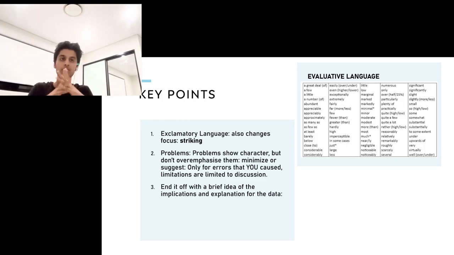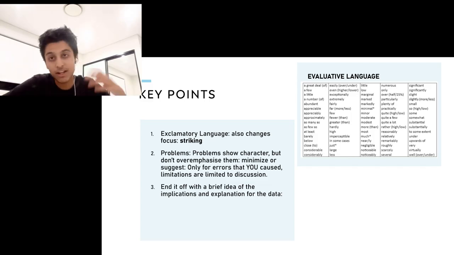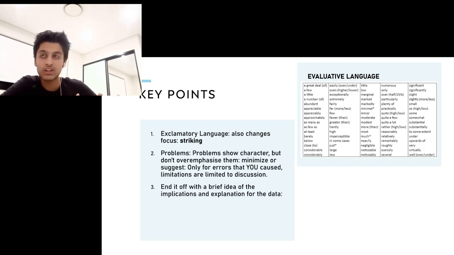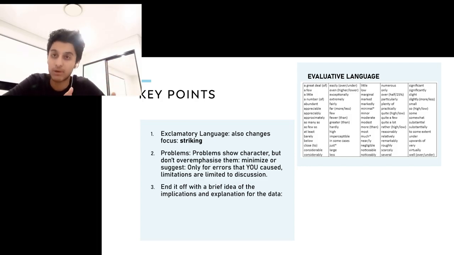Now, problems. You want to talk about problems in your results, because problems show character, but don't overemphasize them, because problems are something you talk about in your discussion. And so when you talk about those problems, you want to not overemphasize them, but mention them. And when you mention them, you want to mention them in a way that shows that it's not that big of a problem, or shows that you know what caused the problem and how it could be solved.